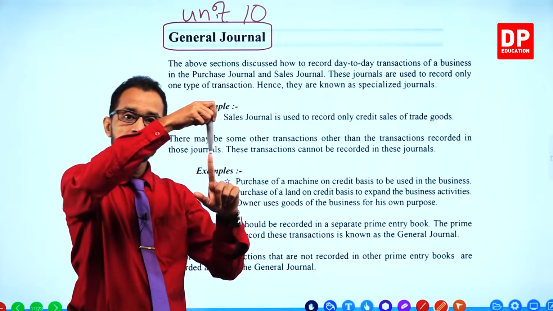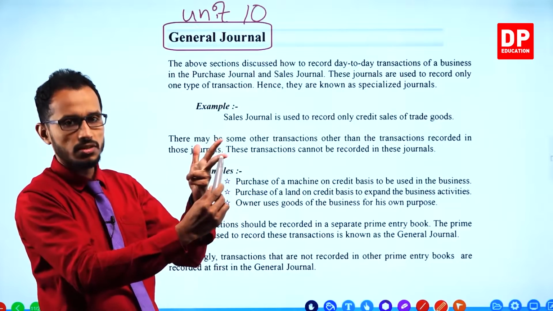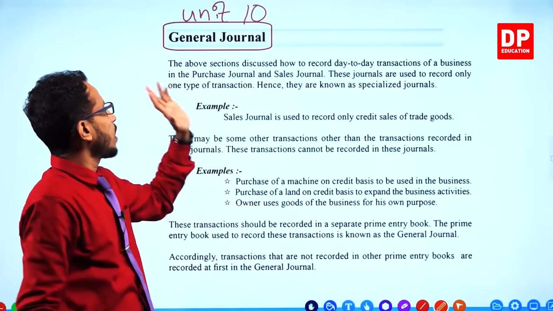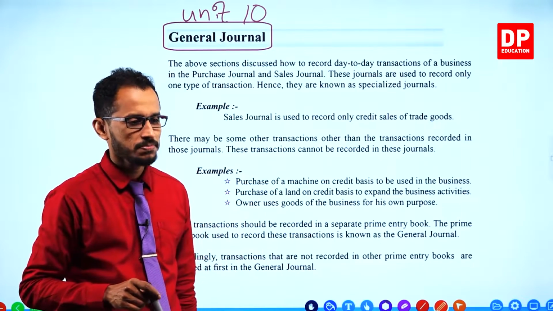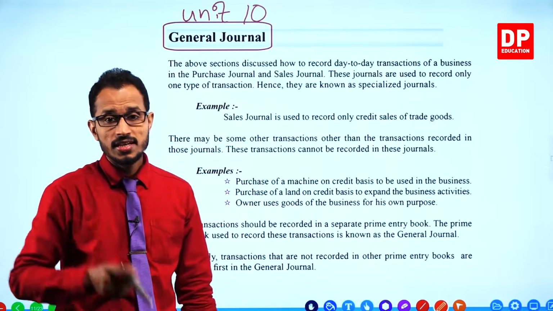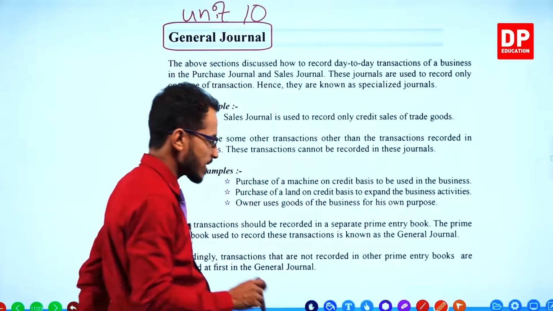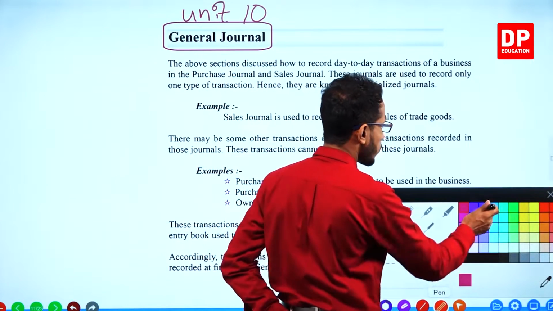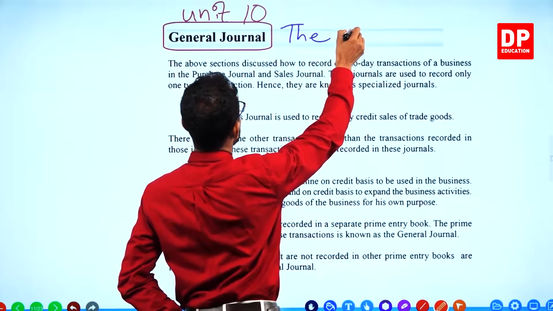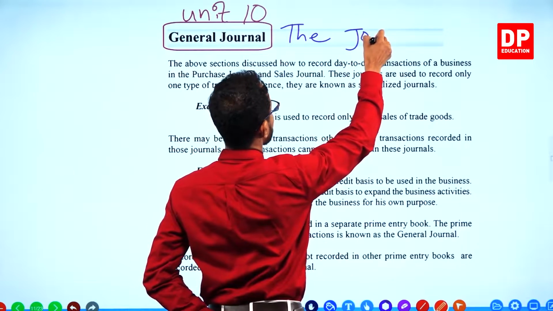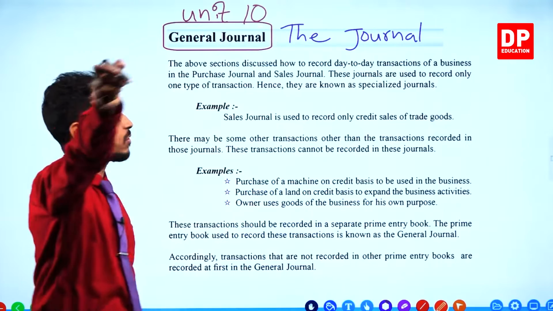Now we have the General Journal. You don't call it the General Daybook, that's not appropriate, but you call it the General Journal, or in some books, it is also called the journal.